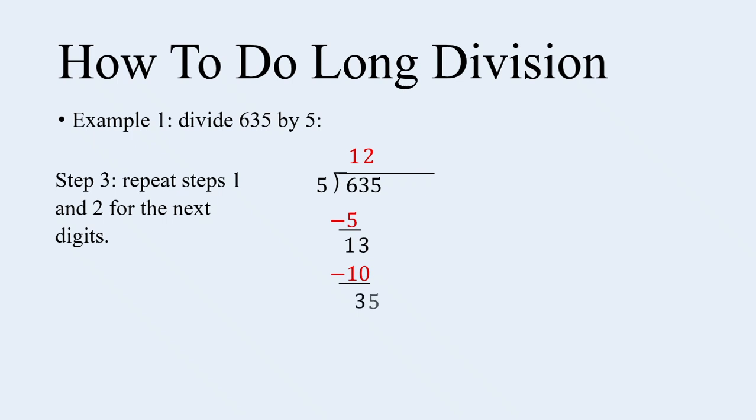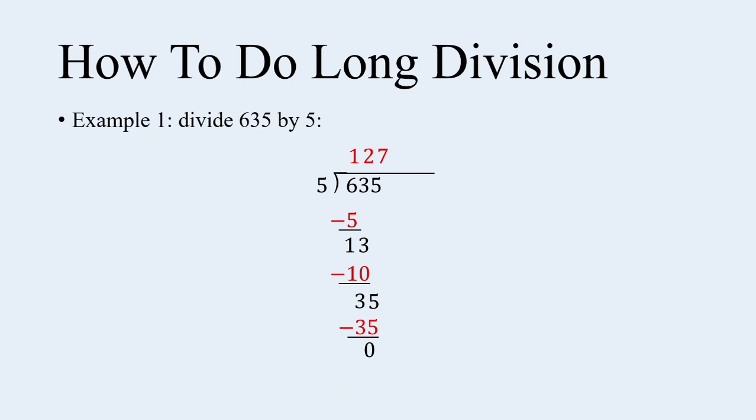Then move the next digit 5 down to give us 35. Repeat the same process again. Divide 35 by 5 to get 7 with a remainder of 0. Then multiply 7 by 5 to get 35, and therefore subtract 35 from 35 to get 0. Since we cannot divide any further, we have finished this long division. Therefore, the answer is 127.